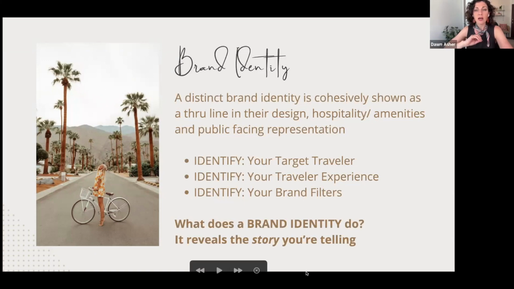So we're looking very specifically at who your target traveler is, who you are trying to reach. Who do you want to serve? And this is where the heart really comes into this too. If you're going to get into this hosting business, you're going to have to care about that traveler. So from a very human place, who is it that you care about serving in this industry? And who do you connect with the most?